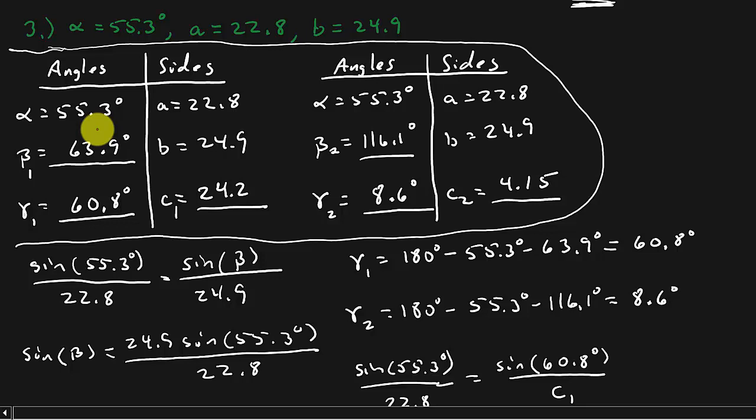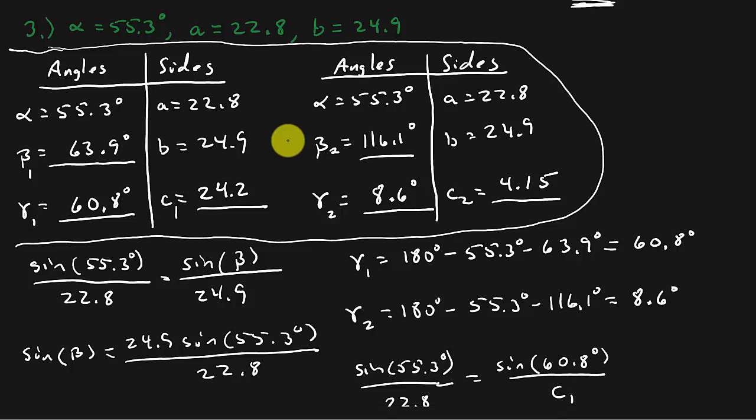Now I'm going to add a little more to that later on when we get to the law of cosines. I've got one more example with the law of sines, and then we've got two examples with the law of cosines. And I'm going to talk a little bit more about this to just make it even easier on you when you need to check for two triangles. All right, so hopefully you understand that.